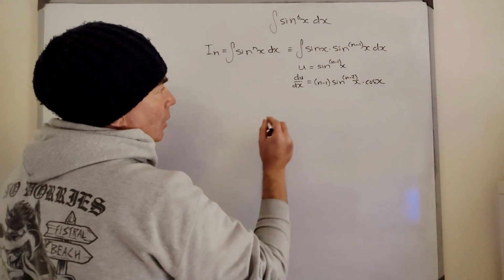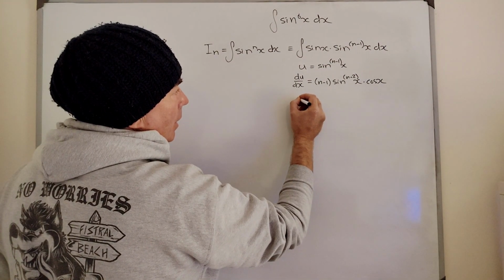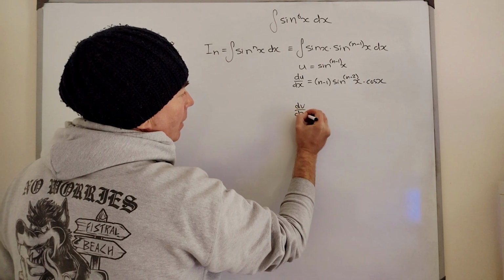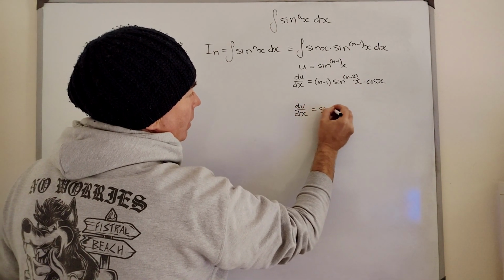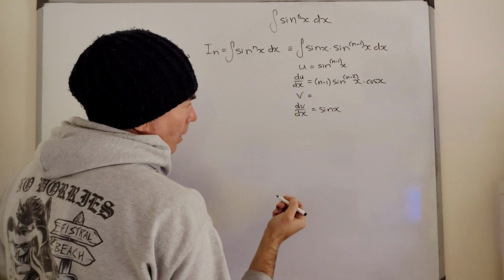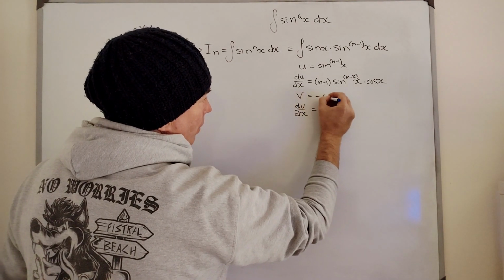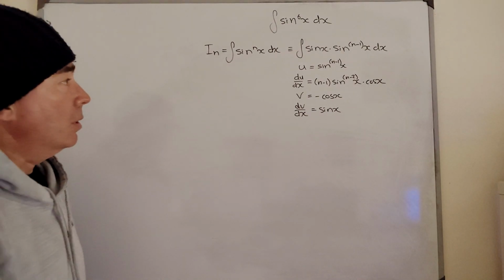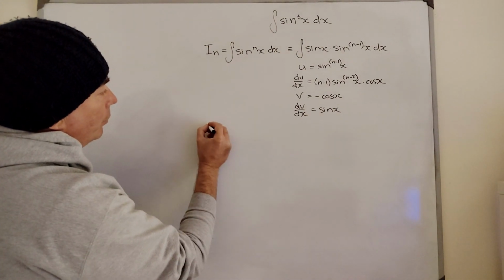Okay, and then we're going to use sine x to be our dv/dx. So if I put dv/dx here, that's going to be sine x, and therefore v is equal to the integral of sine, which is negative cos x. So we've got all our components for integration by parts.